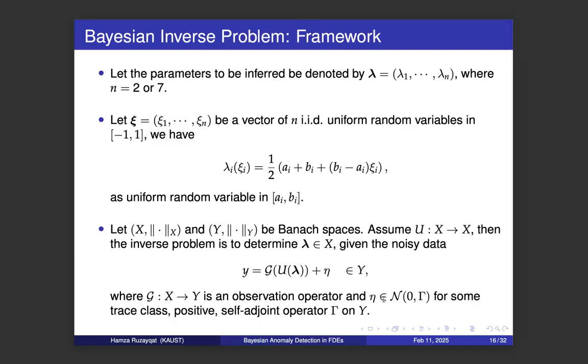This Gaussian noise is sampled from the Gaussian with mean 0 and positive trace class self-adjoint operator gamma on Y.